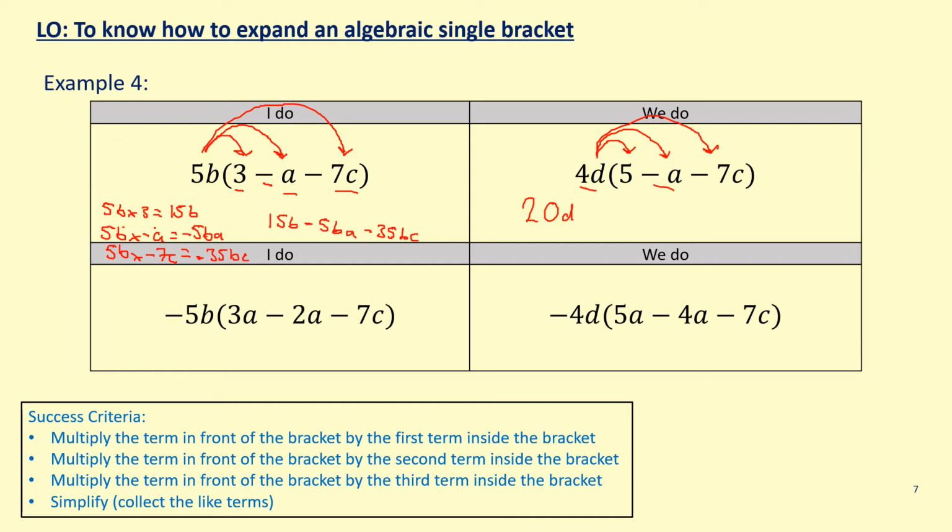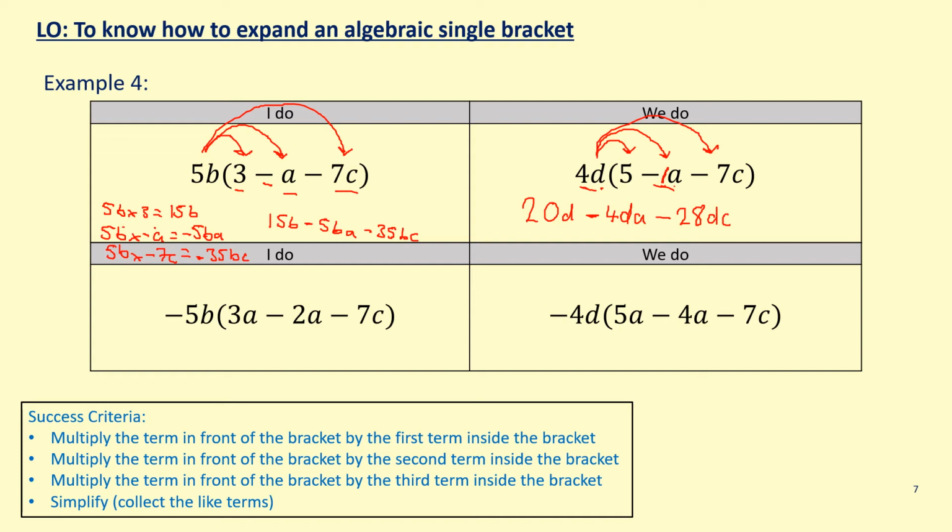So you've straight up positive multiplied by negative, so you've got a negative there. 4 times 1a is 4, and then da is there left. And now we have to do 4d times minus 7c. So again, positive times negative. So we get a negative. 4 times 7 is 28. 7, 14, 21, 28. And then d times c is dc.